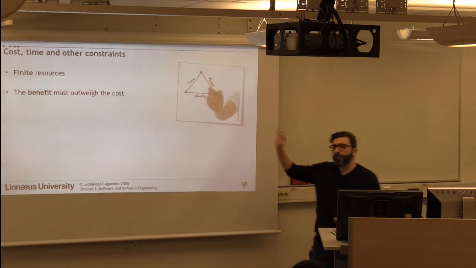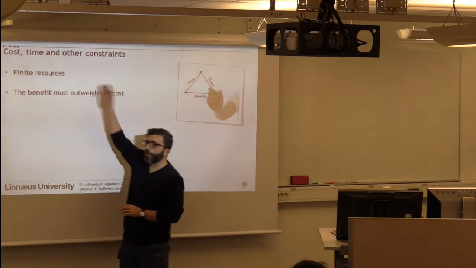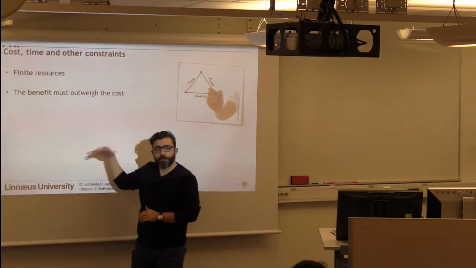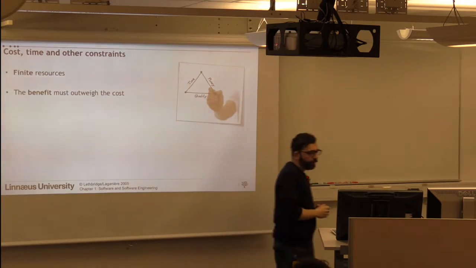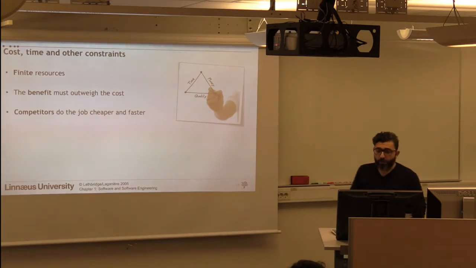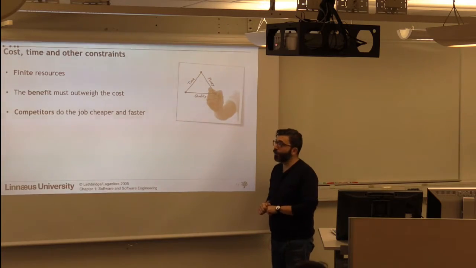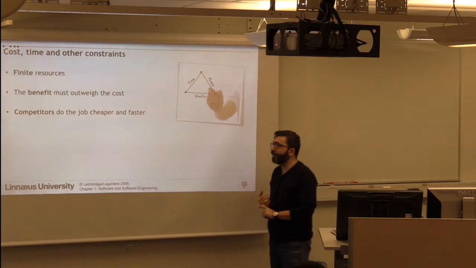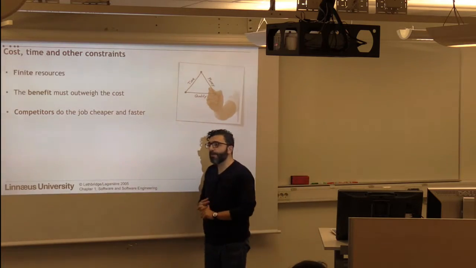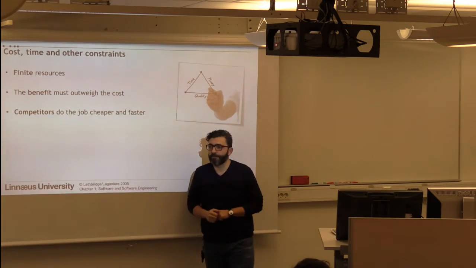But that's business stuff, so we will not talk too much about it, but we must be aware that there are constraints in software development. And remember that out there are many competitors, and usually competitors do exactly our job faster, cheaper, and maybe better. So we really need to fight against them.